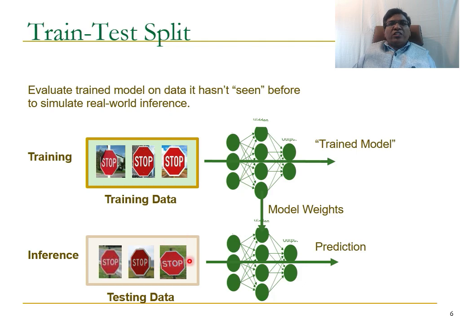This trained model is used with testing data to predict the output in the inference phase. This is a simulation step where model performance is measured with test data. If the model exhibits good performance with test data, then the model can be deployed to handle real world data.